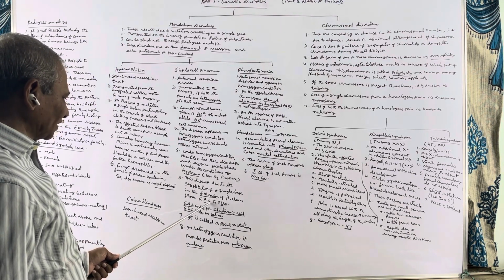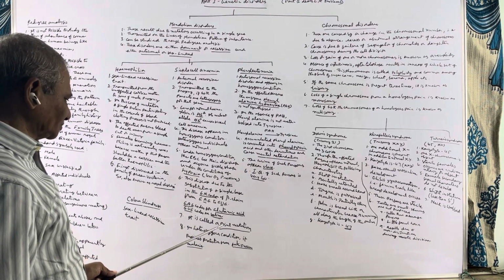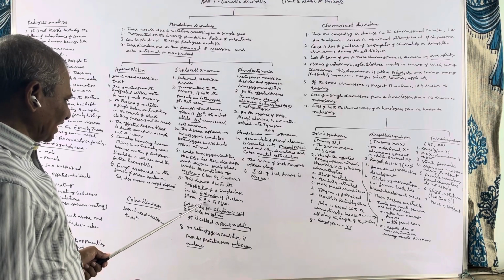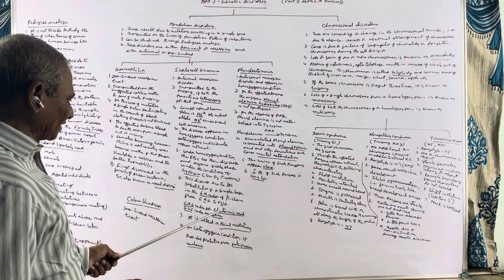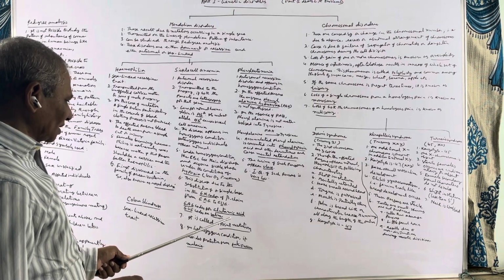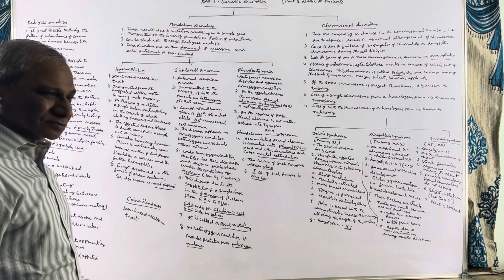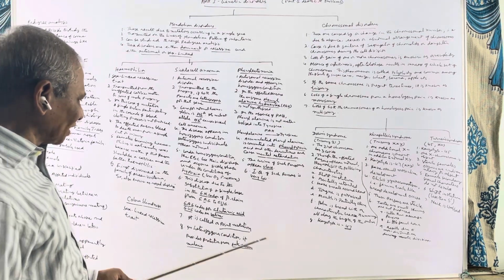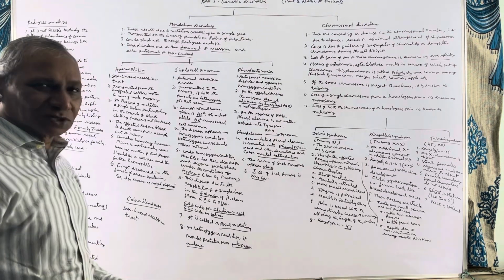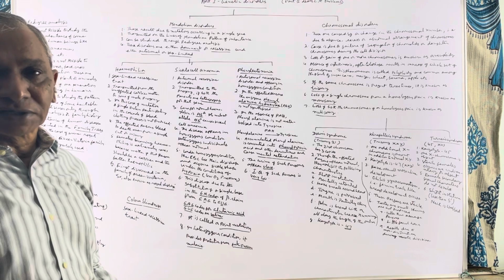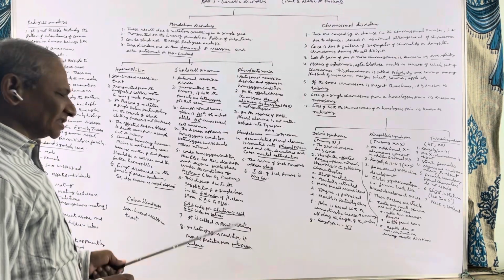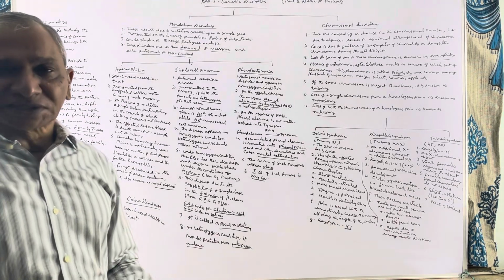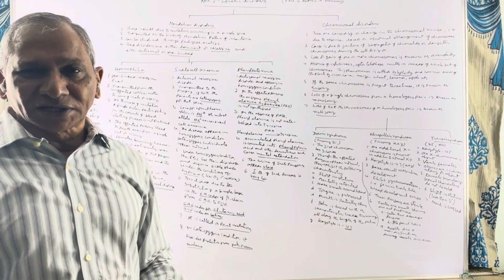Its triplet code is GAG. So normally, GAG triplet code is present in the 6th place of beta chain and it is responsible for the incorporation of glutamic acid. But a mutation occurs here and this mutation is called point mutation. In the case of point mutations, a change occurs in a single base or a single nucleotide.